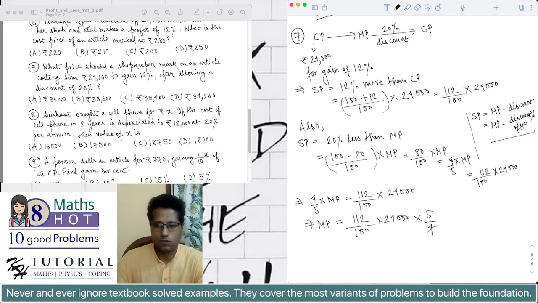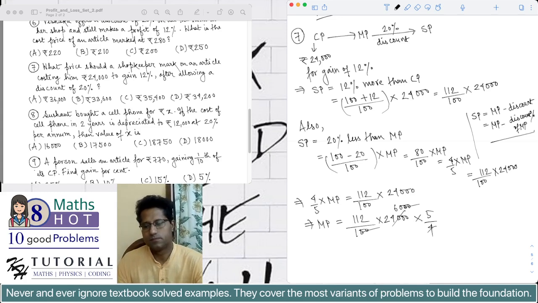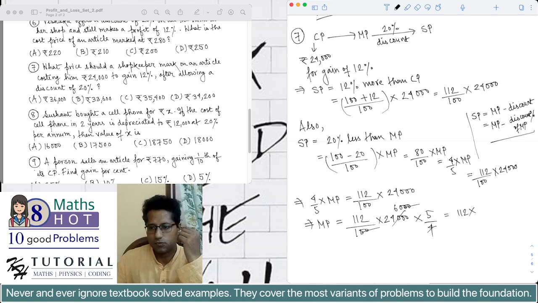Okay, so 4 cancels 24,000 with 6,000. 2 zeros cancel out, and we are left with 112 multiplied by 300.